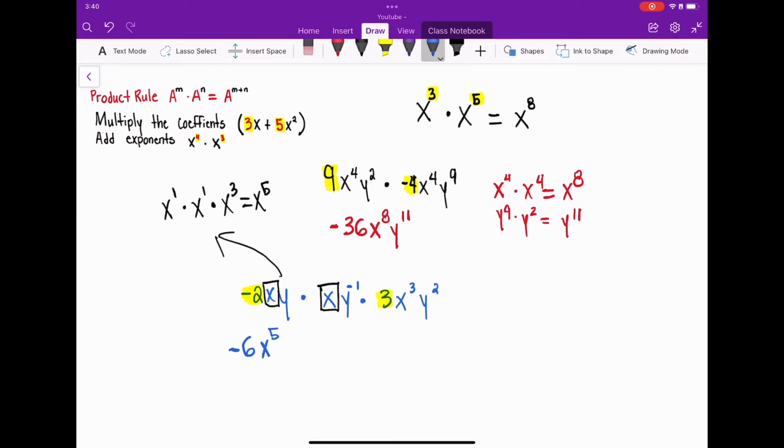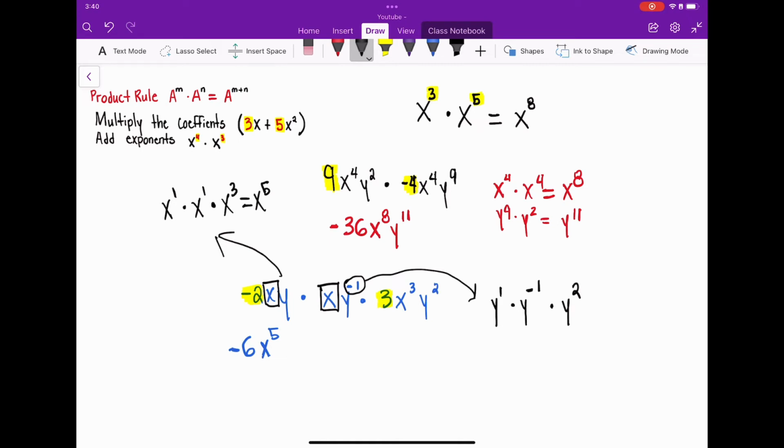And then now the tricky thing is the y, we have a negative y. So what are we going to do now? And the answer to that question is we're going to do the same thing. So we have y to the first power, right? Don't have an exponent over it. We know it's 1. Then we have y to the negative 1 times y squared.